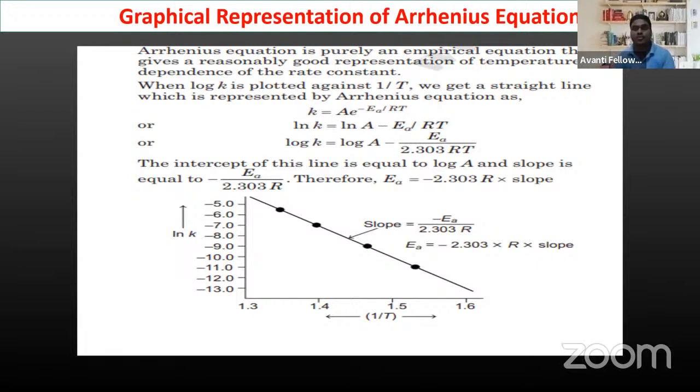We can say that the slope comes out to be minus Ea upon 2.303 R, and on the y-axis we are taking log K. Just by using this formula, we can represent this. Just wait for a second. Okay, right? So this is how we can represent it.